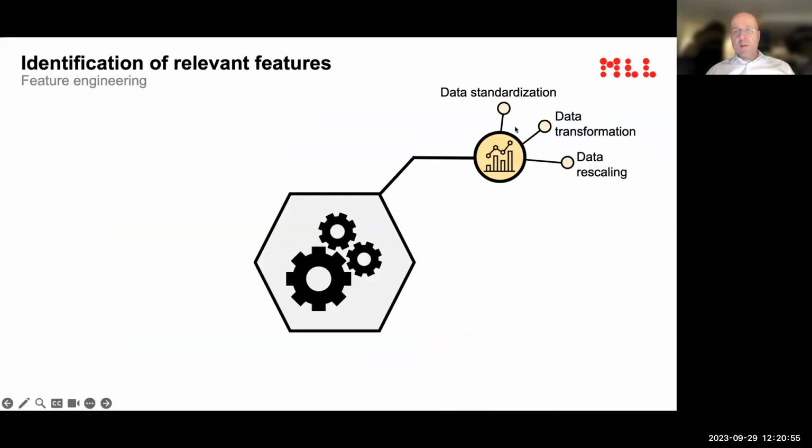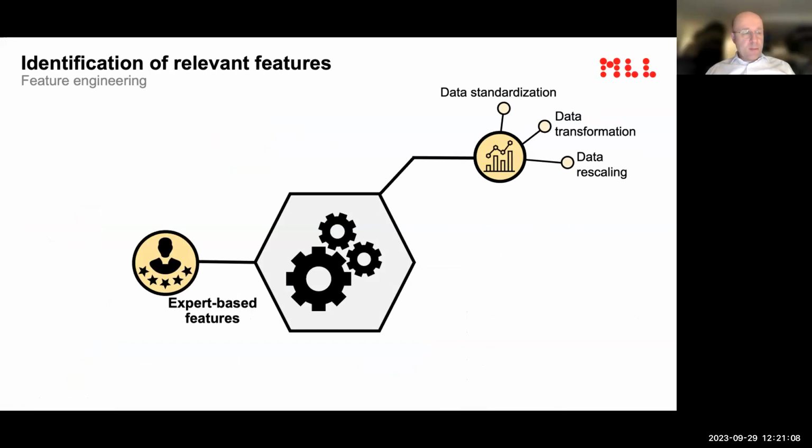What we did was standardizing and transforming data and rescaling them, then identify expert-based features. And this is what we still do to give input to the models, based on what we consider to be important for diagnostics, to drive the model, using these features to improve the prediction accuracy.